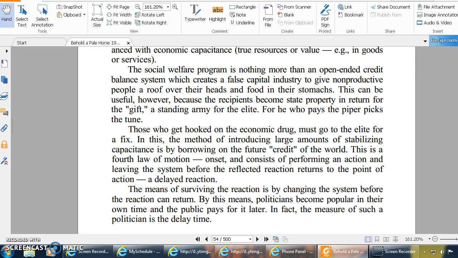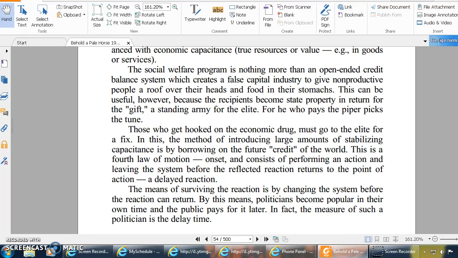In this, the method of introducing large amounts of stabilizing capacitance is by borrowing on the future credit of the world. This is a fourth law of motion, onset, and consists of performing an action and leaving the system before the reflected reaction returns to the point of action.